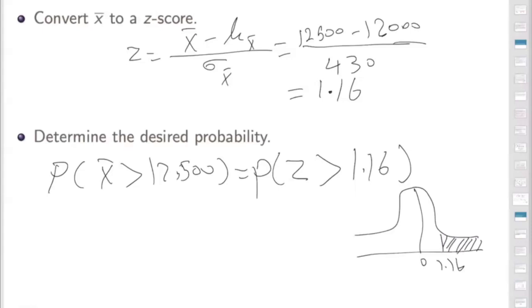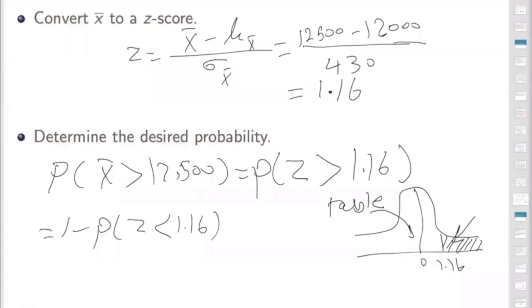To find this area, you can apply the complement rule: 1 minus the probability that z less than 1.16. Why do we do that? Because the table will give us the area to the left, not to the right. So we can find this area from the table.